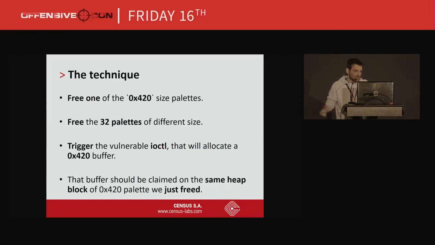That will make sure that our 420 palette is actually freed and it's not stored in the delayed free list. And after that, we are going to trigger the vulnerable IOCTL that will allocate the vulnerable buffer. And hopefully this buffer is going to land on the same heap space that our 420 palette was. So in this way, we are going to be able to know beforehand the handle of the next palette in the heap.